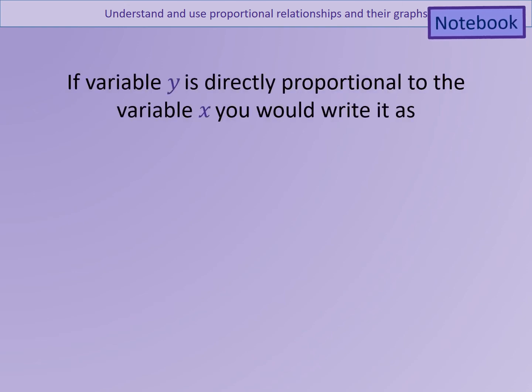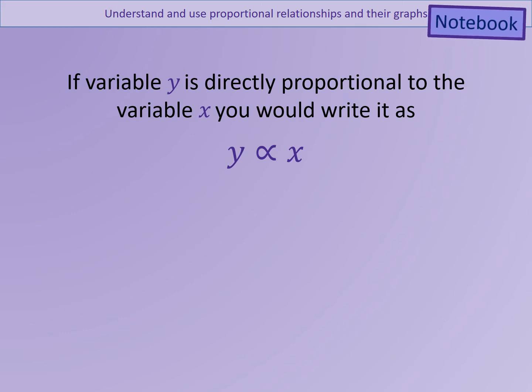Good, so what we will do now is in your notebooks we'll write down some notation that we use concerning proportionality. Again, I imagine that most of you will have seen this before, but it's important that we have those notes in our notebook before moving on. So first of all, if y is directly proportional to x, there is a symbol that we can use to represent that, and that is this symbol here.